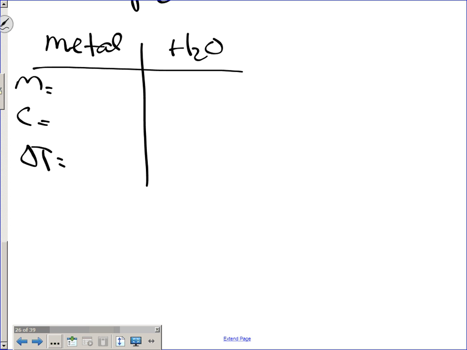So 2, a block of rhenium metal, and it says c is 0.0329 calories per gram degree C, is heated to 88.2 degrees Celsius and then dropped in. So I hear that initial temperature, right?